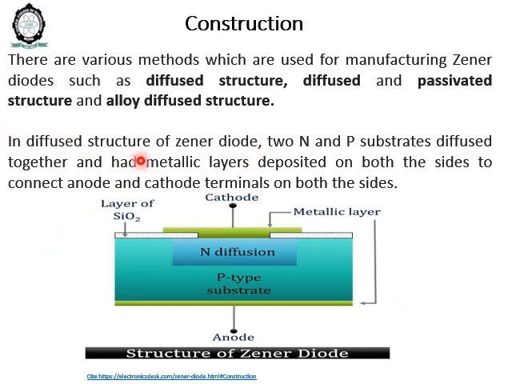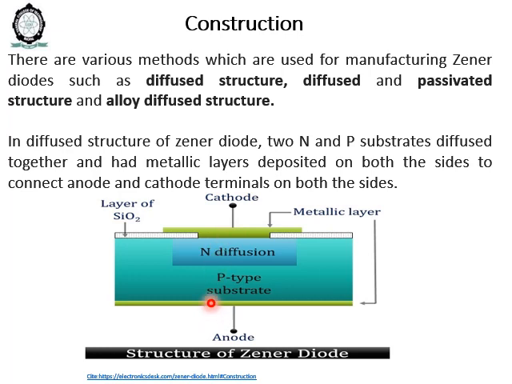So in this diffused structure method, we diffuse the p-type semiconductor substrate with an n-type semiconductor, and after that we spread a layer of SiO2. Then we use two metallic contacts, towards the n side and towards the p side.